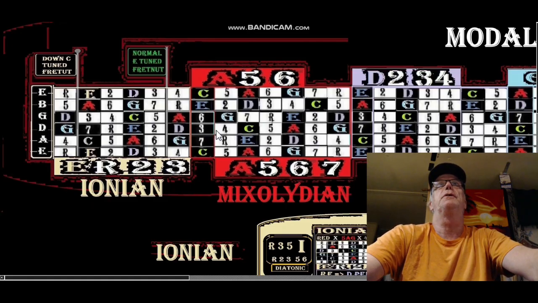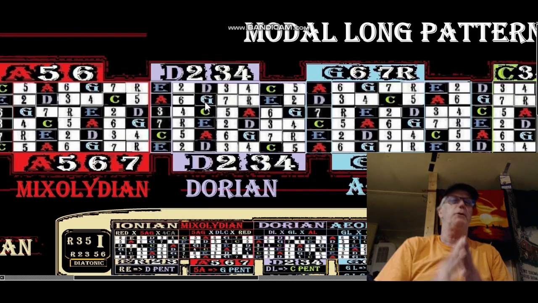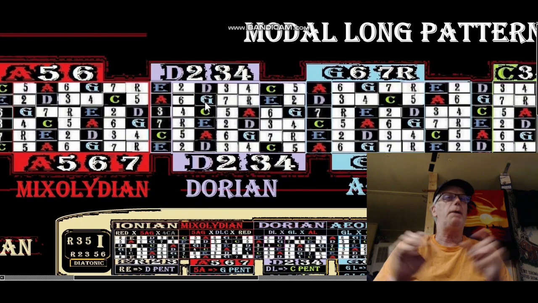So those are your unplayables if you capoed the 5 there. These are your unplayables if you capoed the 2 there, the second of whatever key you want to play in. So they're not part of it, because remember, this is long patterns.